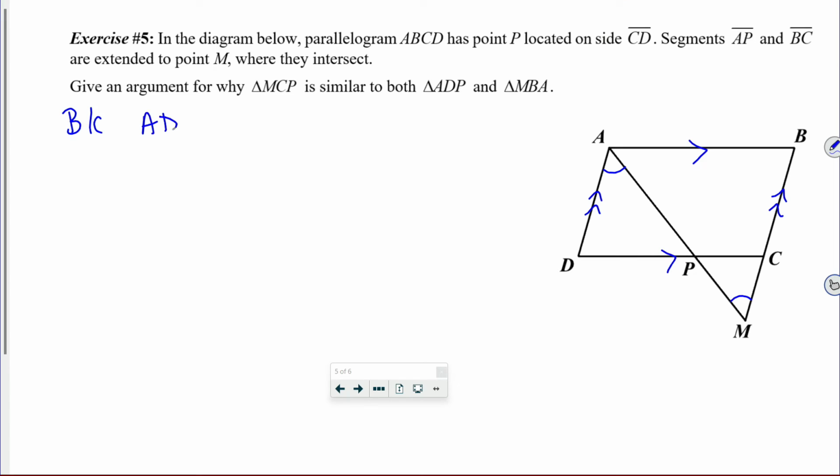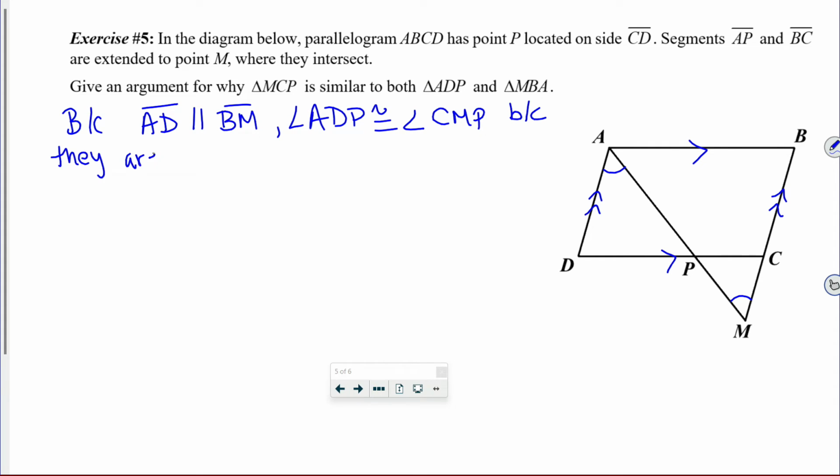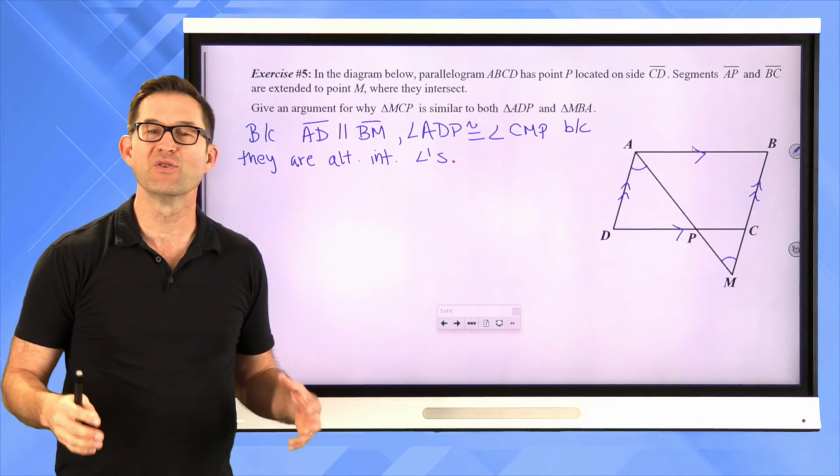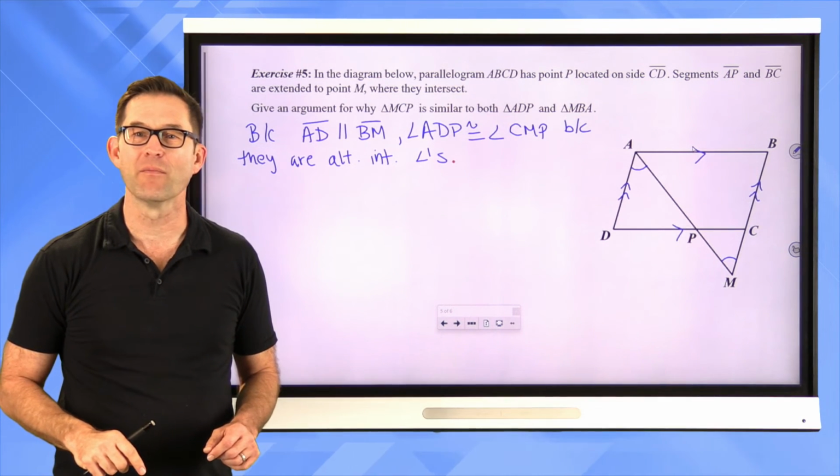Because AD is parallel to BM, angle ADP is congruent to angle CMP because they are alternate interior angles. Awesome.